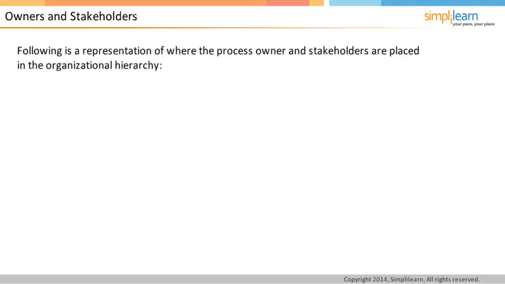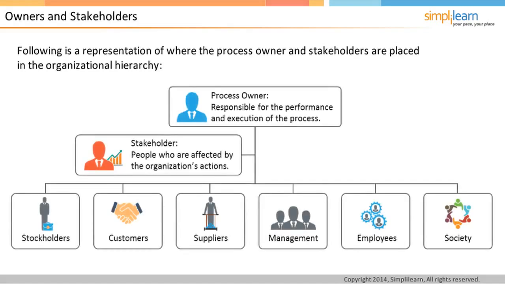The representation of where the process owner and stakeholders are placed in the organizational hierarchy is on the screen. The process owner is a person at a senior level in the hierarchy. He is the one who takes responsibility for the performance and execution of a process, and also has the authority and the ability to make necessary changes.